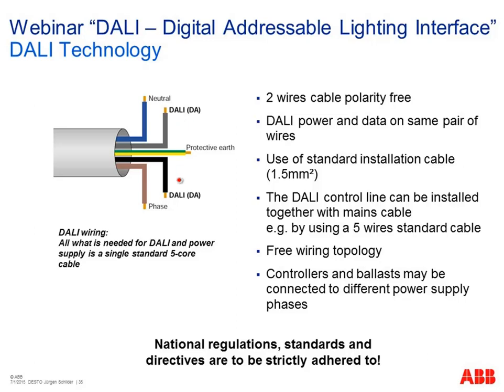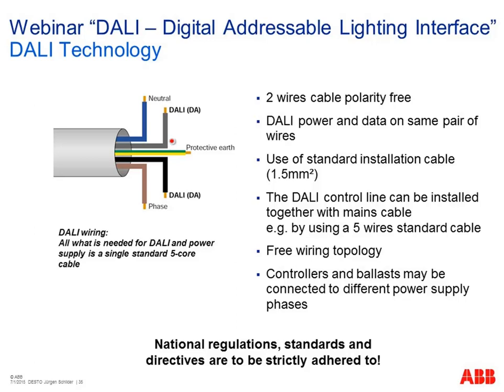To supply our DALI driver or our operating elements, our ballast, we can use here, for example, the neutral, and here our phase with 230 volt, and here the core number 5 is our protection earth. So in an installation you can use this cable and connect here all our 64 DALI devices.